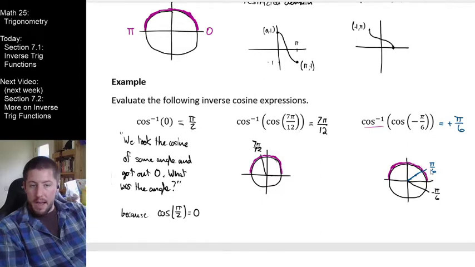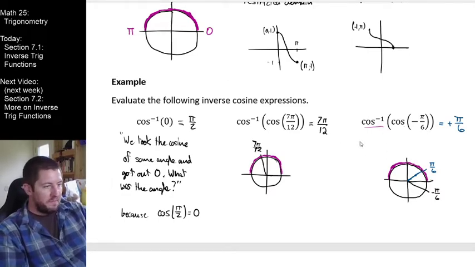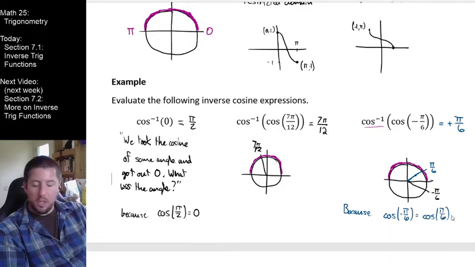So we identified a different angle, pi sixths, that has the exact same cosine value, but does live within the appropriate region right here. So I hope you are all in agreement that drawing these unit circle diagrams is really, really helpful.